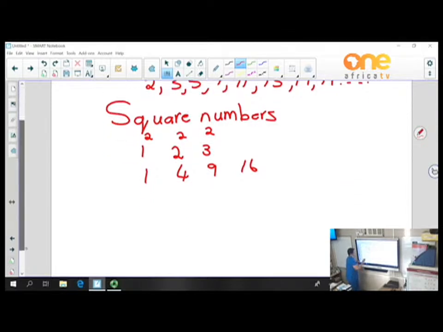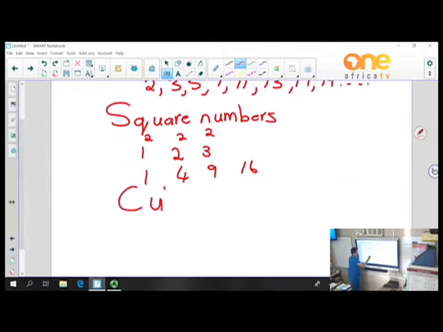We also have a set which we call cube numbers, and that is when you cube a number. So this is 1 cubed, 2 cubed, 3 cubed. You cube those numbers, and you can do this on your calculators. On your calculator, there is a button x squared, and there's also the button x to the power of 3.